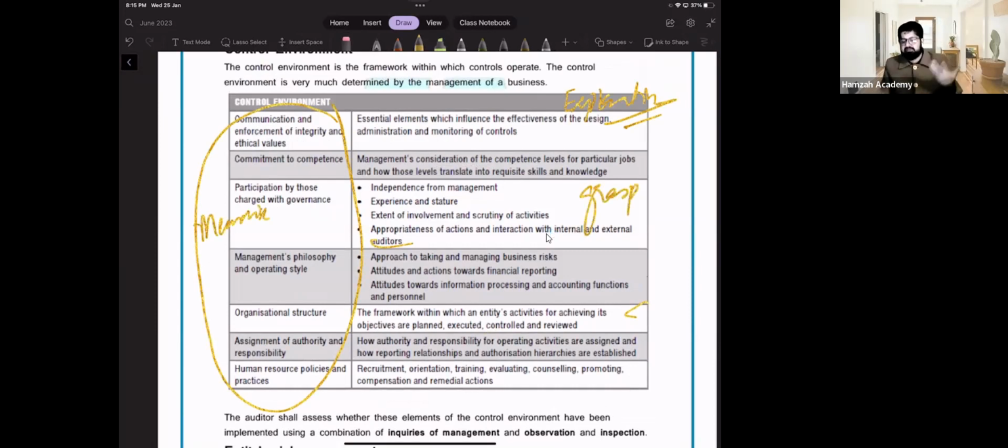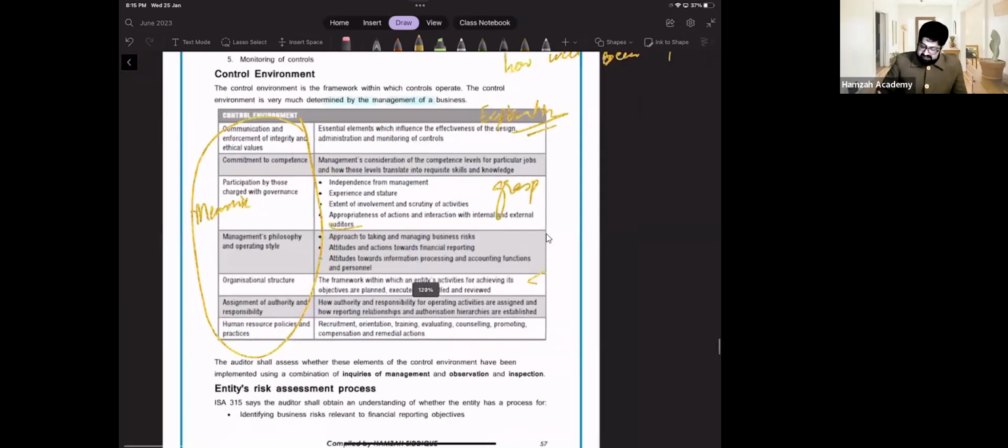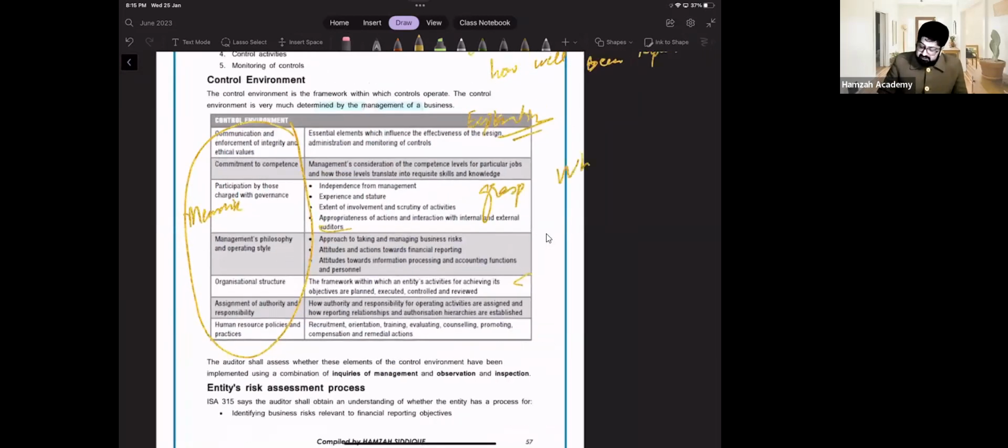Rather, you can write in your own words. So we have discussed what the control environment is. Now, what will the auditor do about it? Because we know the auditor is getting an understanding of the controls.